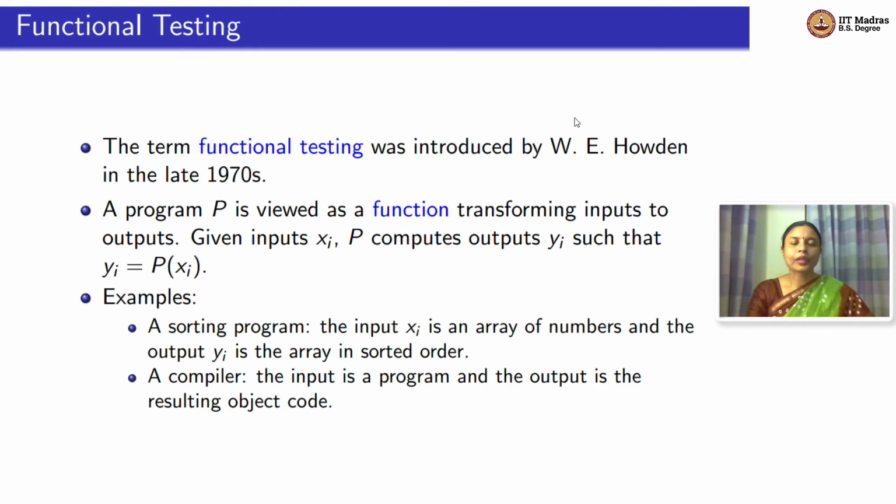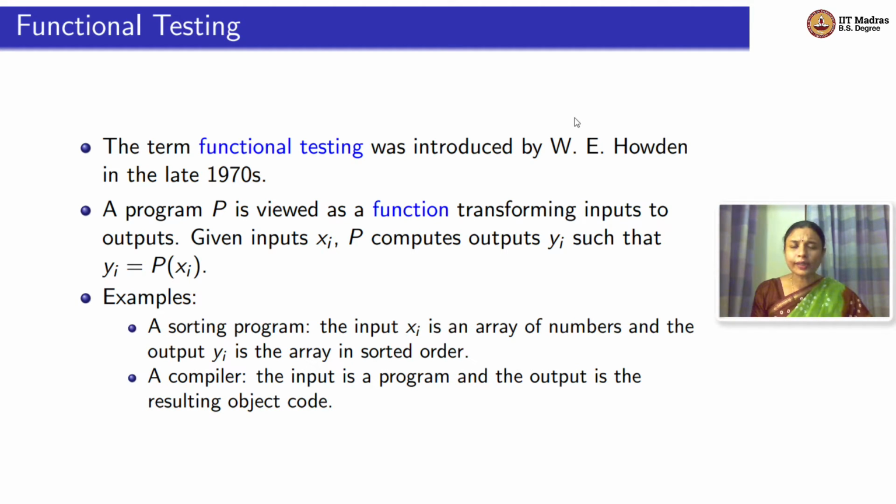The term functional testing was introduced by Howden, who is credited with this term, in the late 1970s. Mathematically, we all know what a function is. A function f from x to y maps elements in x to elements in y uniquely.